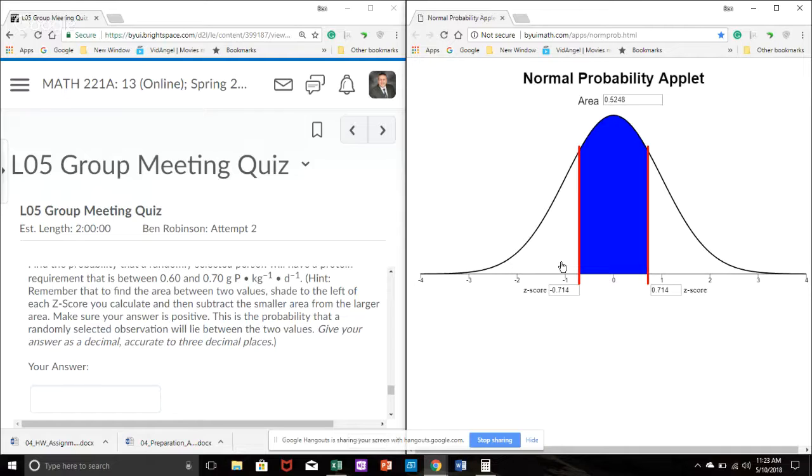Make sure your answer is positive. That is the probability that a randomly selected observation will lie between the two values. Give your answer as a decimal.